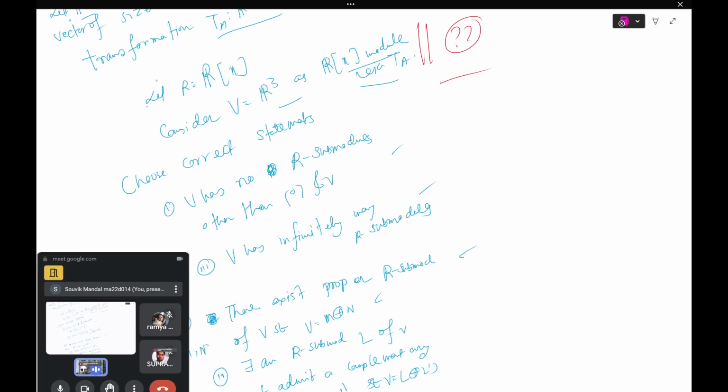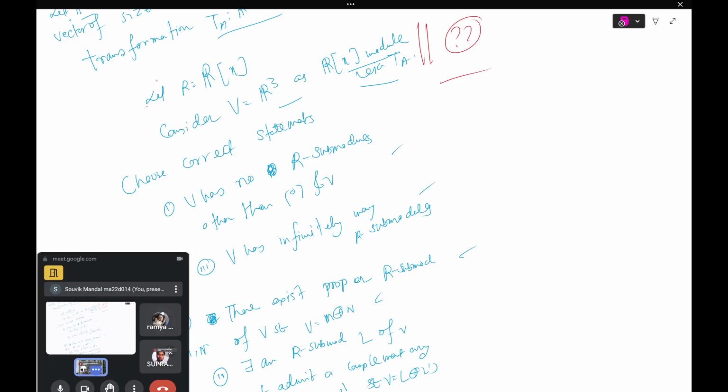Please tell what that line means. The ring is R[x], and there is R3 with the linear operator A, which is a vector space. That is okay. But what is the module structure? How has the multiplication been defined? What is the multiplication?